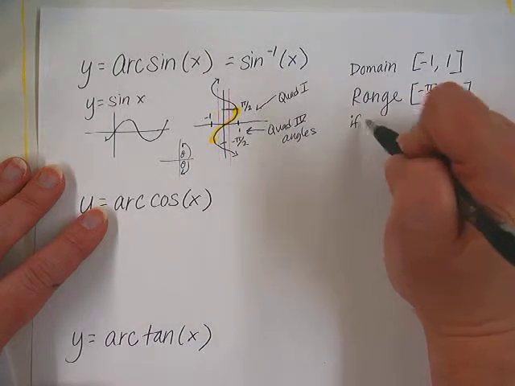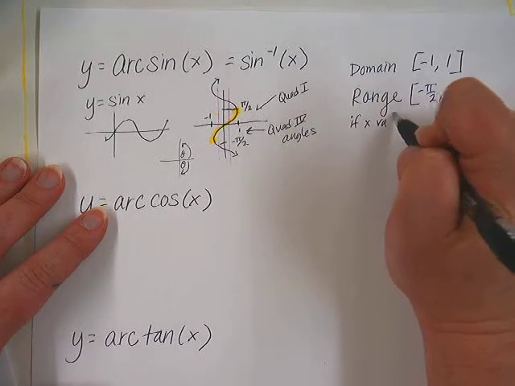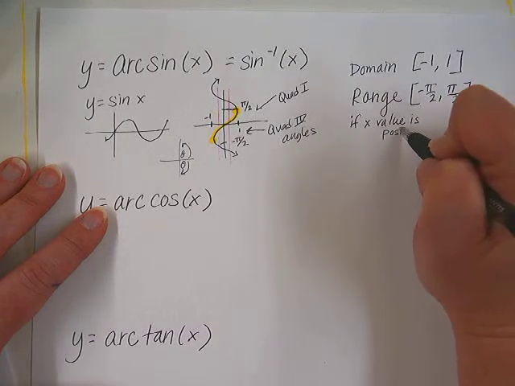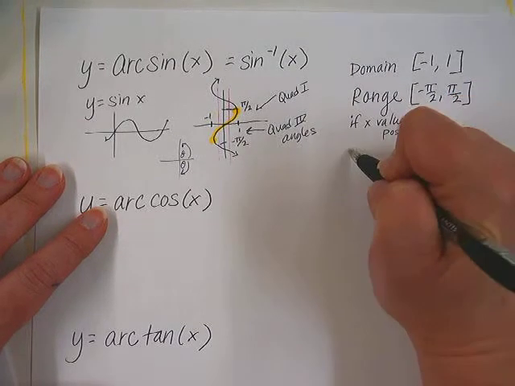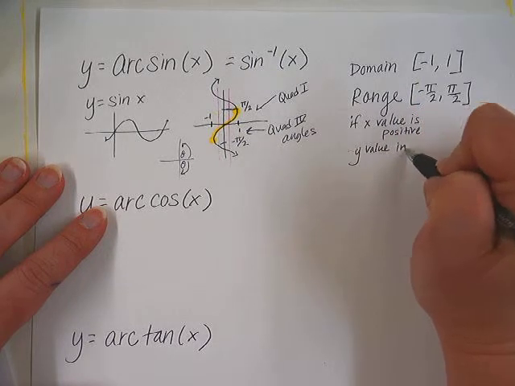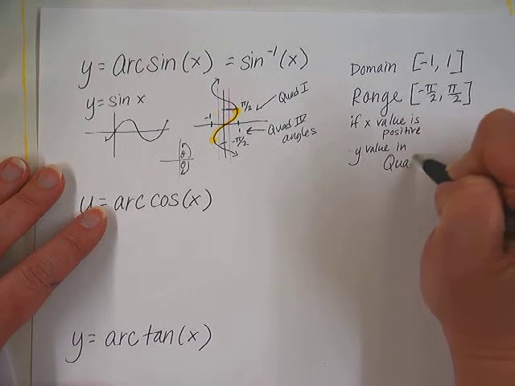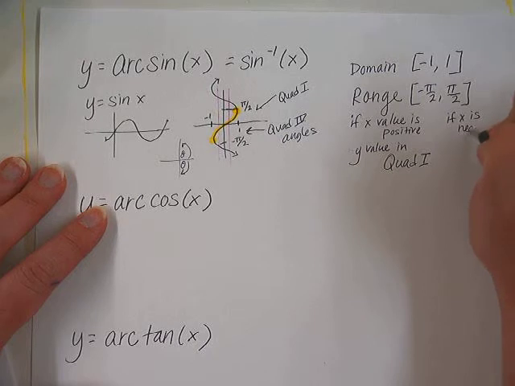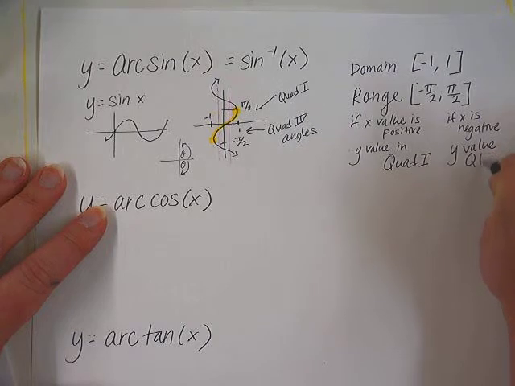Right? So if our x value is positive, our answer, our y value, will be in quadrant 1. But if our x value is negative, then our y value will be in quadrant 4.